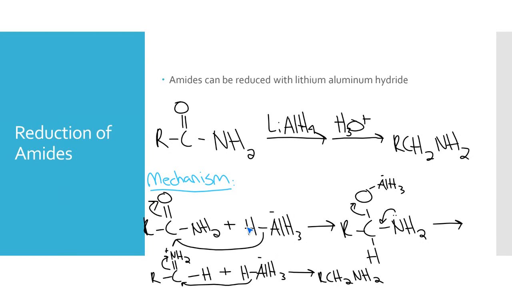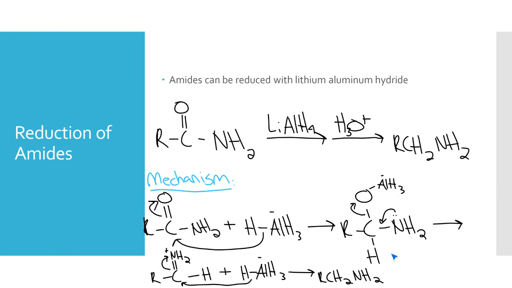Remember this aluminum-hydrogen bond, that's where our electrons are going to come from. This is the nucleophile, and here's our hydride. So that aluminum-hydrogen bond will attack the electrophilic carbon and break the double bond. We'll add the hydride here, and the whole aluminum hydride will connect to that oxygen up here, because oxygen has a pretty good affinity with aluminum.